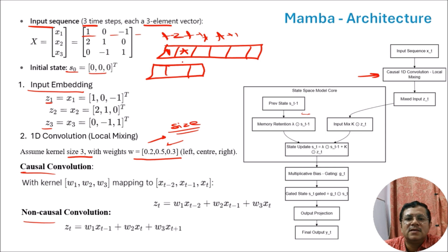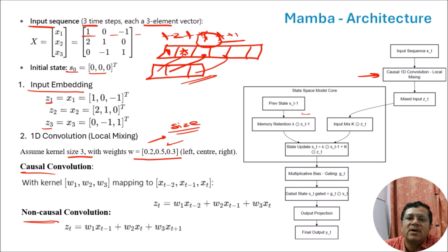If this is the target and we move the center here, then we will be able to see both t plus 1 and t minus 1. As we are able to see the next things also, we will not be able to achieve causal relations. So if we do such element-wise multiplications to achieve 1D convolution, then our convolution will be non-causal convolution.